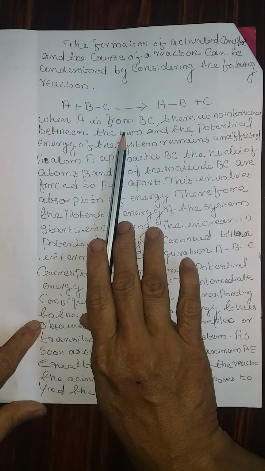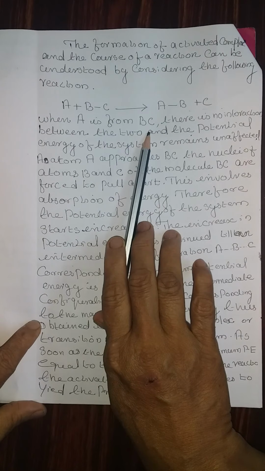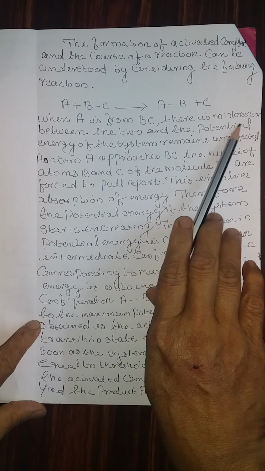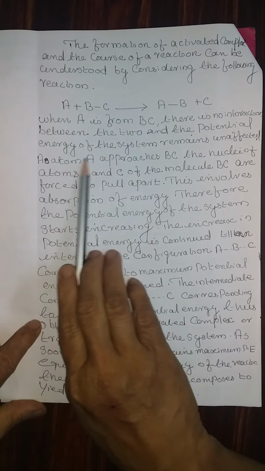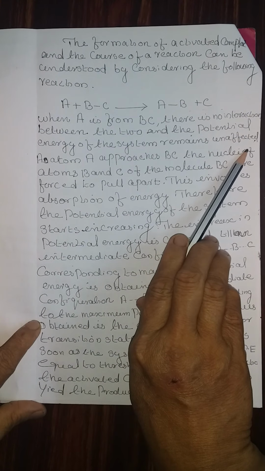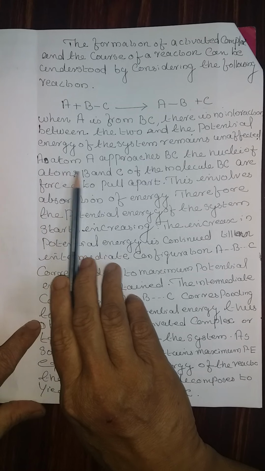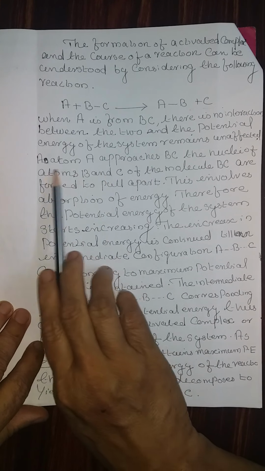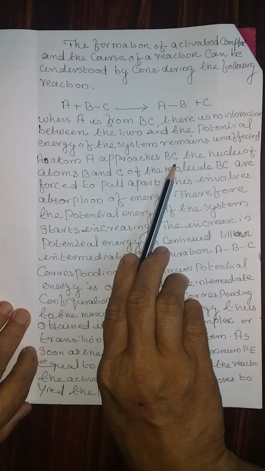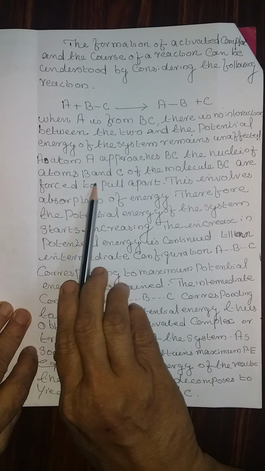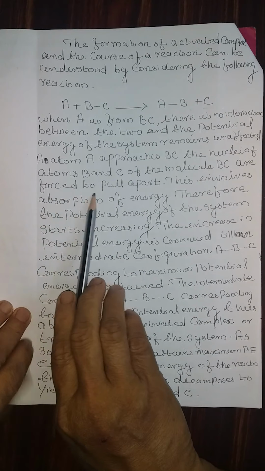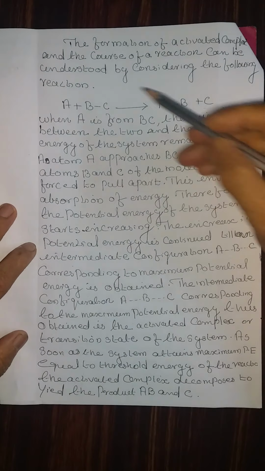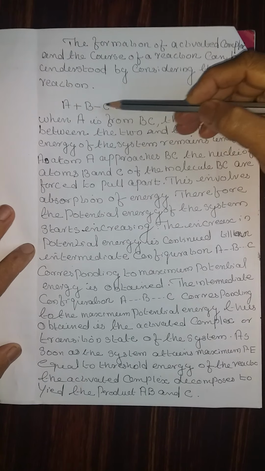When A is far from BC, there is no interaction between the two and the potential energy of the system remains unaffected. When an atom A approaches BC, the nuclei of the atoms B and C, the molecule BC, are forced to pull apart.